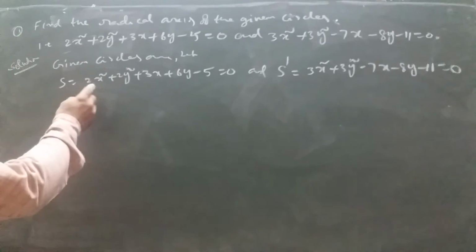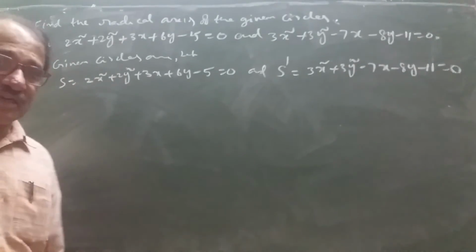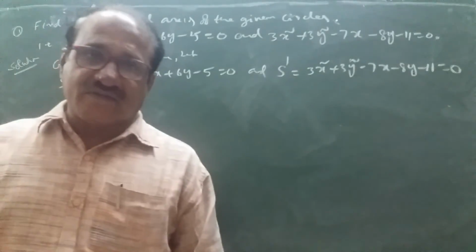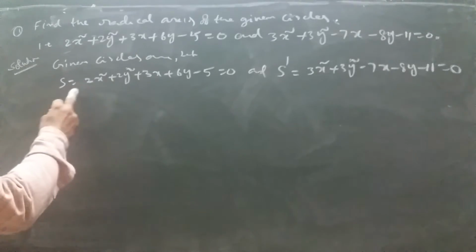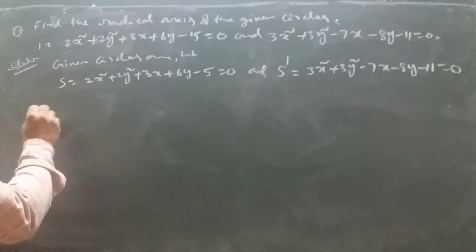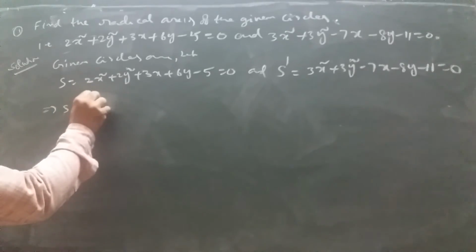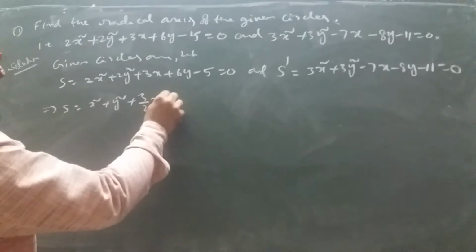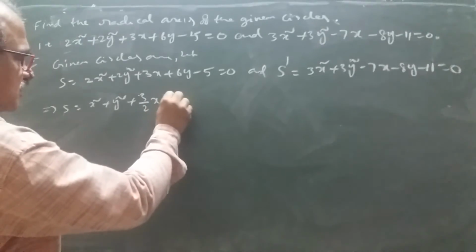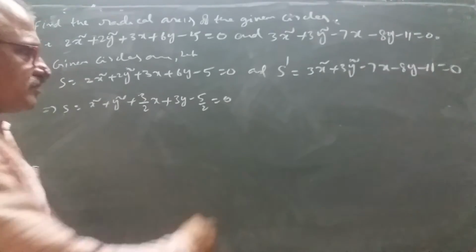Here, 2x square and 2y square, the coefficients of x square and y square must be equal to 1. So by dividing the first equation by 2, S may be x square plus y square plus 3 by 2x plus 3y minus 5 by 2 is equal to 0.